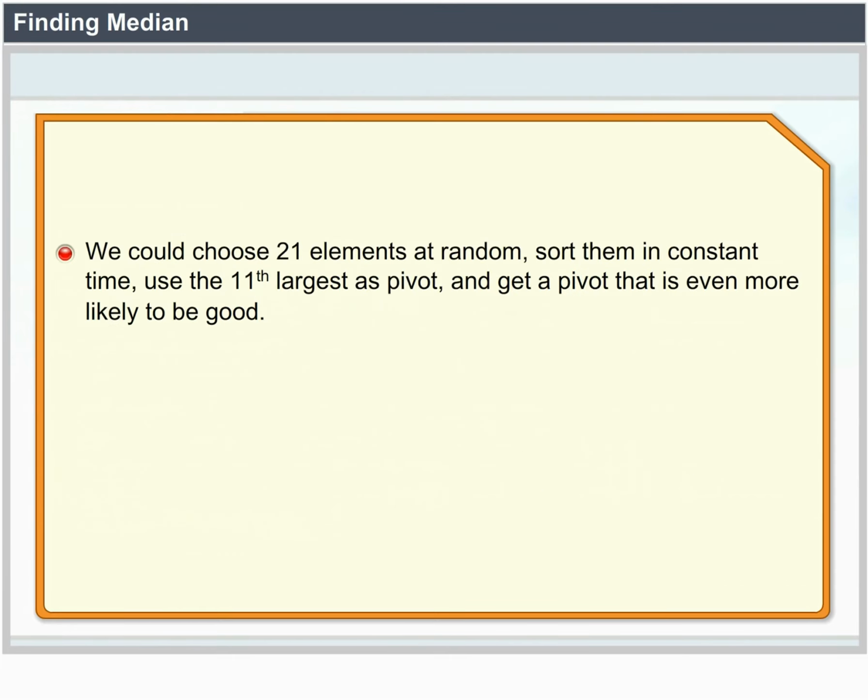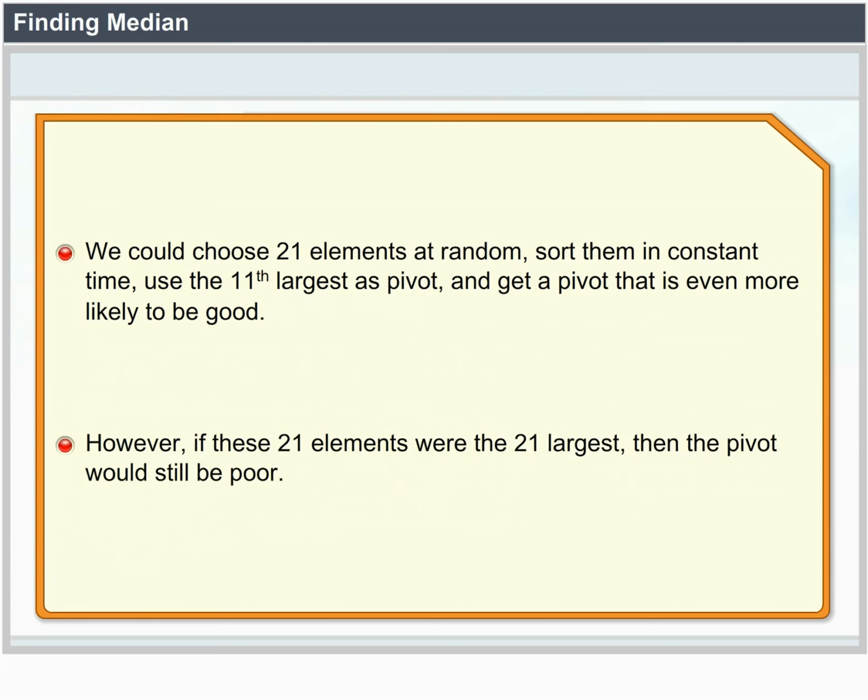We could choose 21 elements at random, sort them in constant time, use the 11th largest as pivot, and get a pivot that is even more likely to be good. However, if these 21 elements were the 21 largest, then the pivot would still be poor.